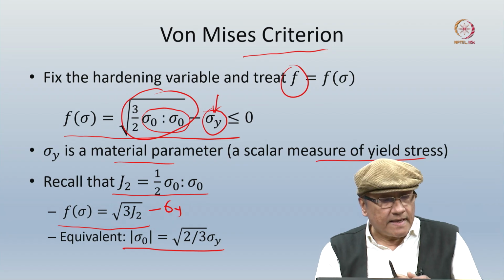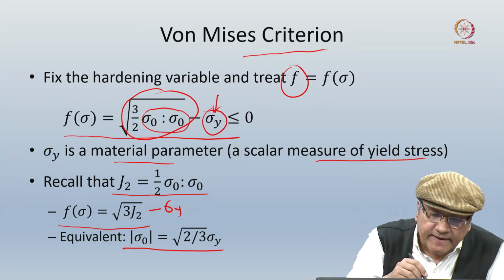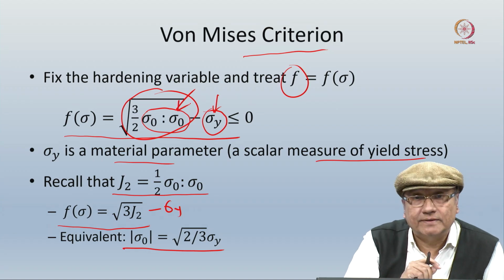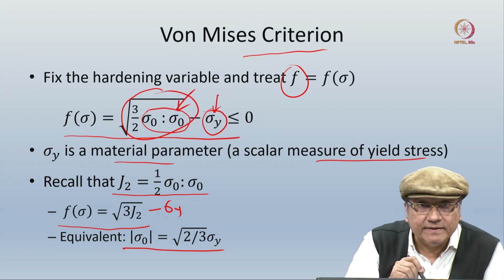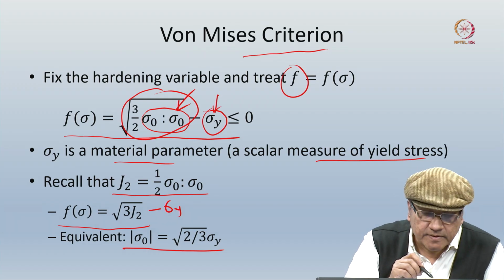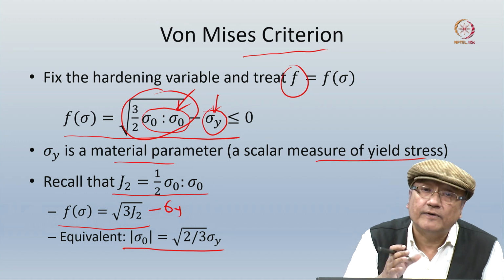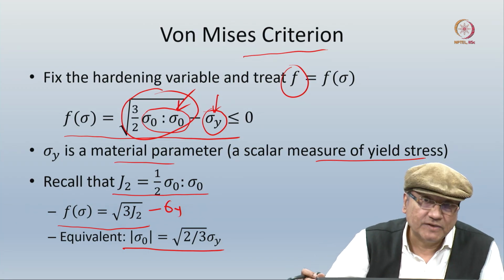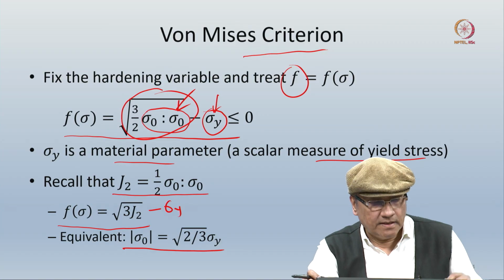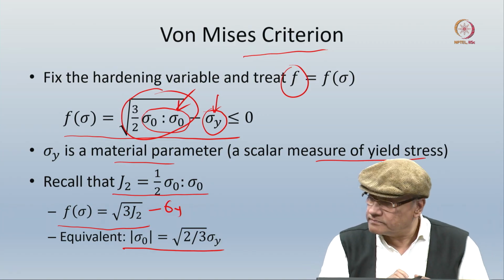The way we have defined the yield function, there is one criterion in the definition: the Frobenius inner product of sigma_0 with itself will remain the same irrespective of whether you have rotated the coordinate frame or not, because it is related to one of the invariants.